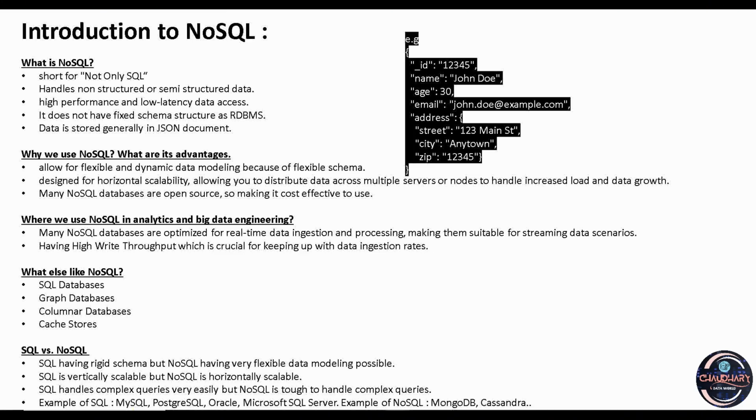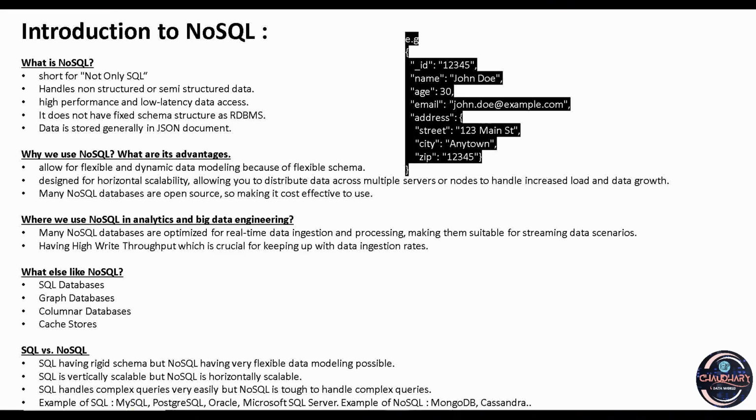Then we have a very important question in front of us: what is the difference between SQL and NoSQL? You have definitely got a glimpse of the difference: SQL contains only structured data, but NoSQL is capable of containing non-structured or semi-structured data. That is the first point.